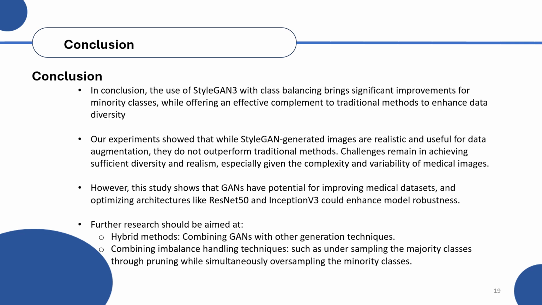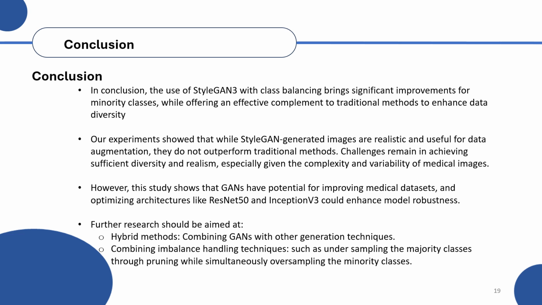In conclusion, the use of StyleGAN3 with class balancing brings significant improvements for minority classes, while offering an effective complement to traditional methods to enhance data diversity. Our experiments showed that while StyleGAN-generated images are realistic and useful for data augmentation, they do not outperform traditional methods.